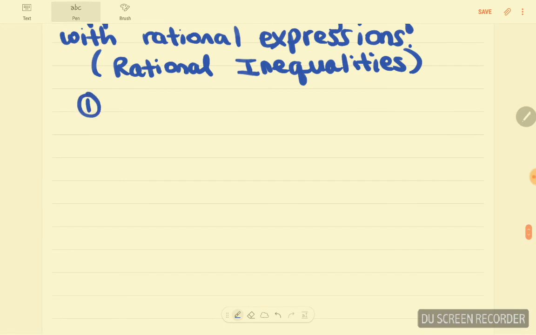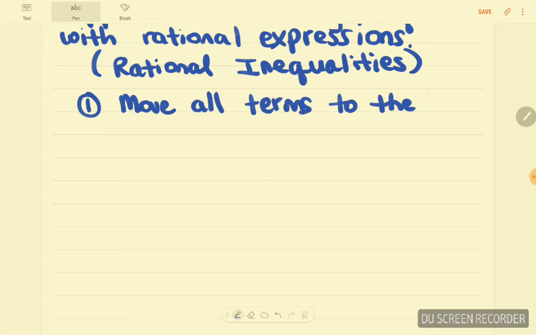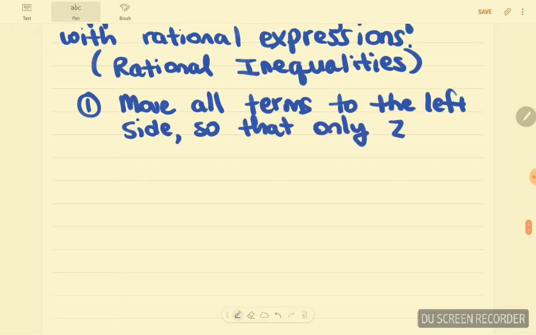Step number 1, move all terms to the left side so that only 0 is on the right side.